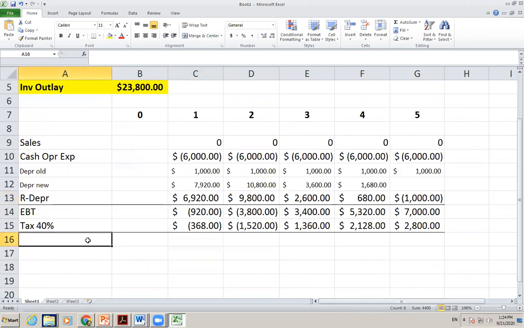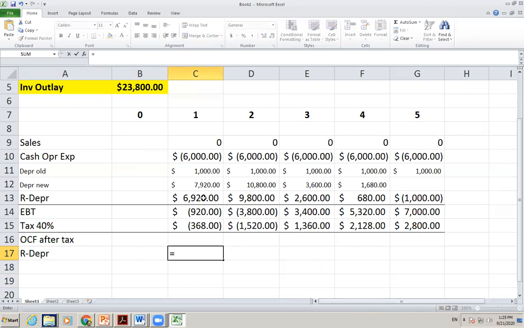Now we can calculate after tax cash flow, operating cash flow, OCF after tax, and depreciation. So let me get the depreciation directly from here.